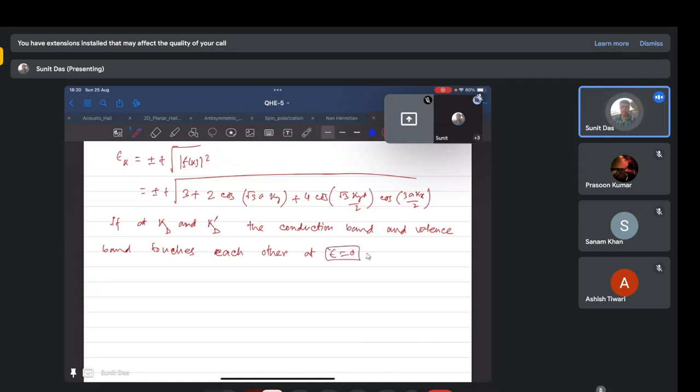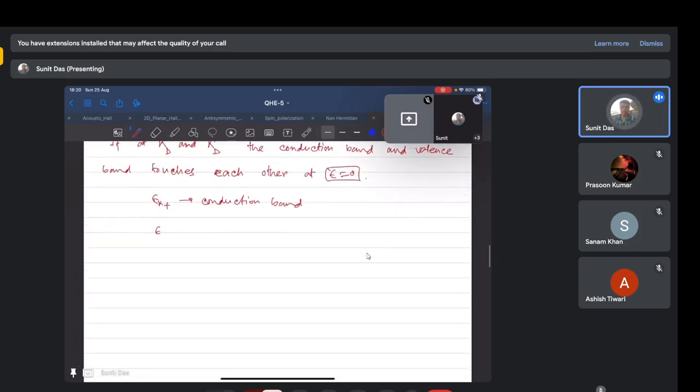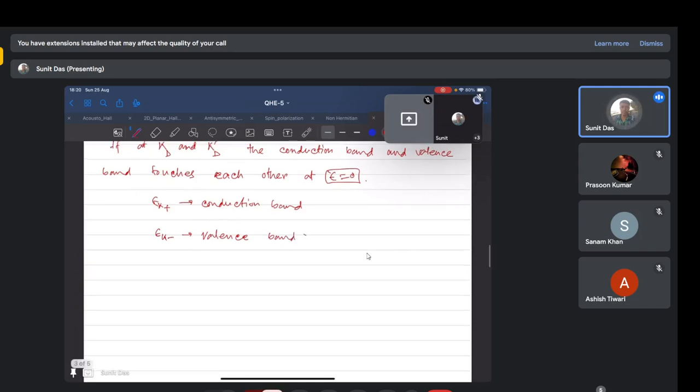So this means that epsilon k plus, which is the conduction band, and epsilon k minus, which is the valence band having negative energy, are the same and 0.